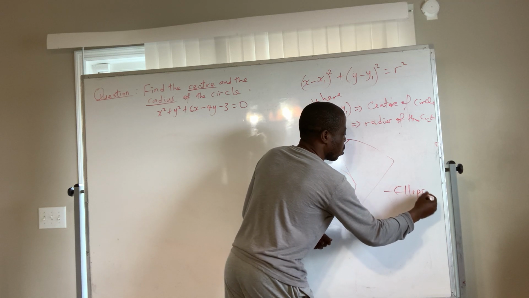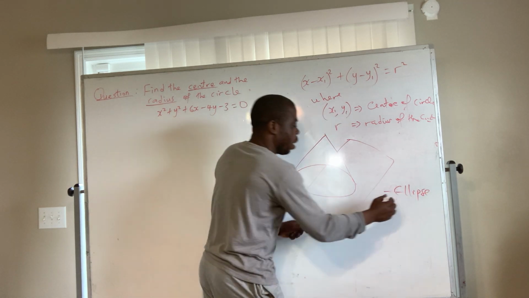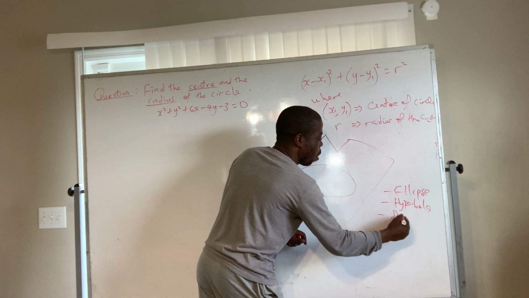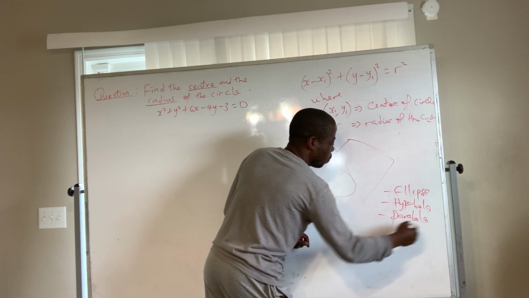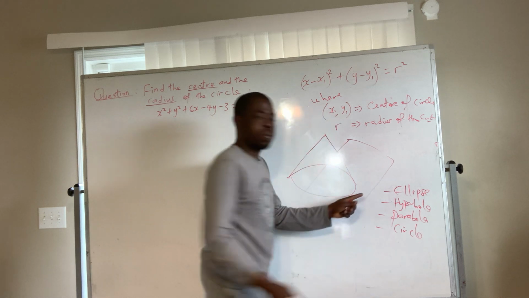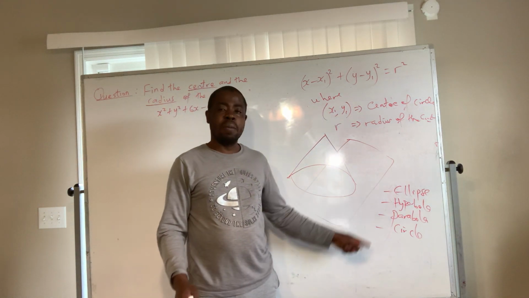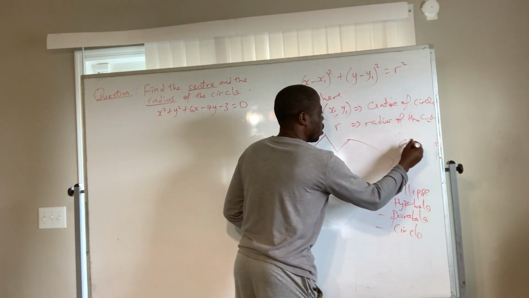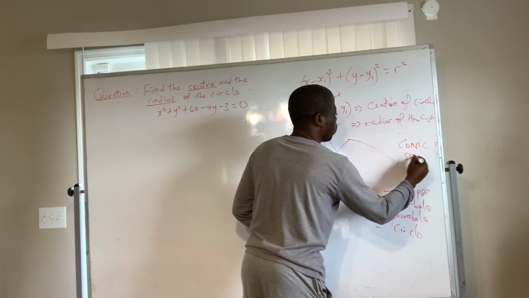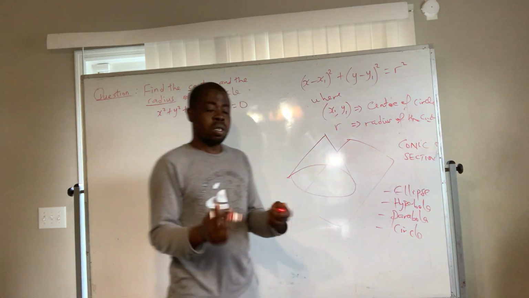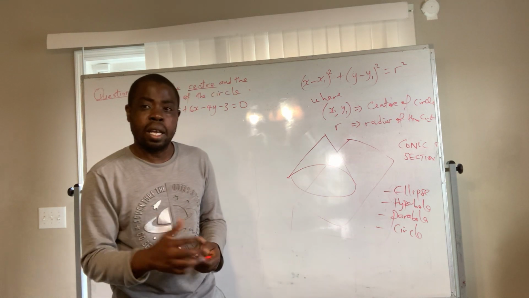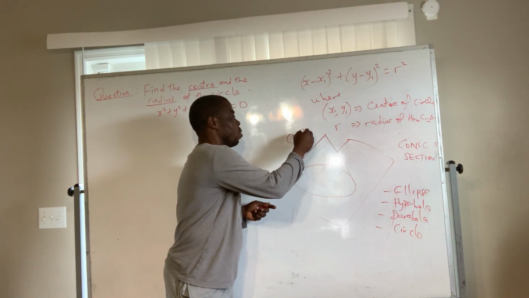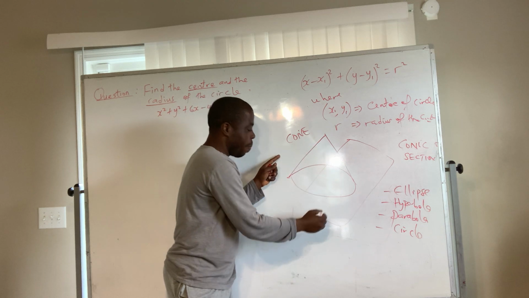If you rotate the plane in a certain way, you can get an ellipse. If you make it another way, you can get a hyperbola. You can get a parabola, and you can get a circle. So each of these four terms is called a conic section, because each of them can be derived geometrically when you intersect a cone with a plane.